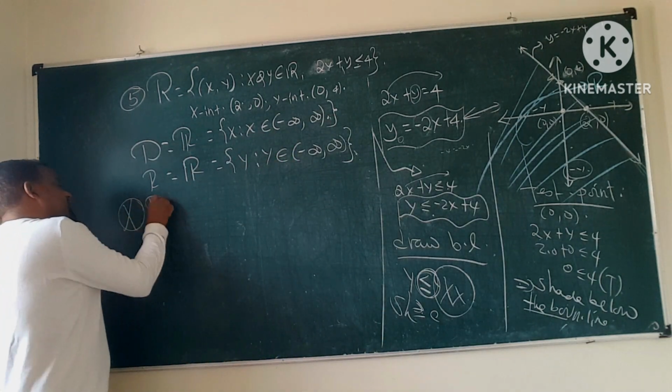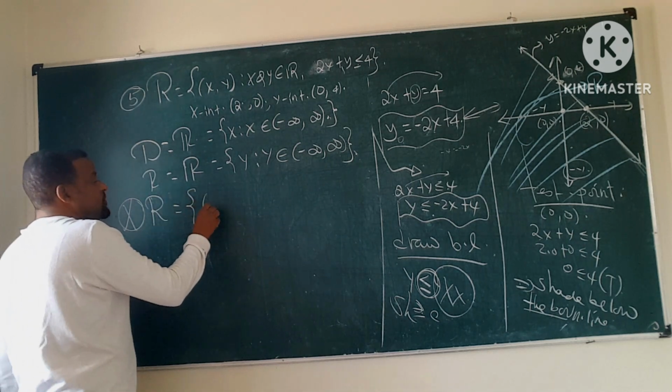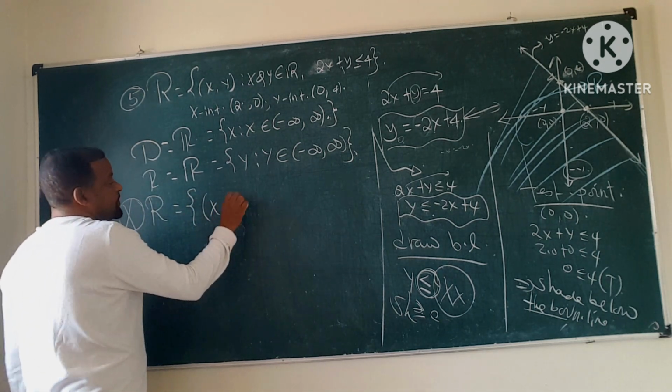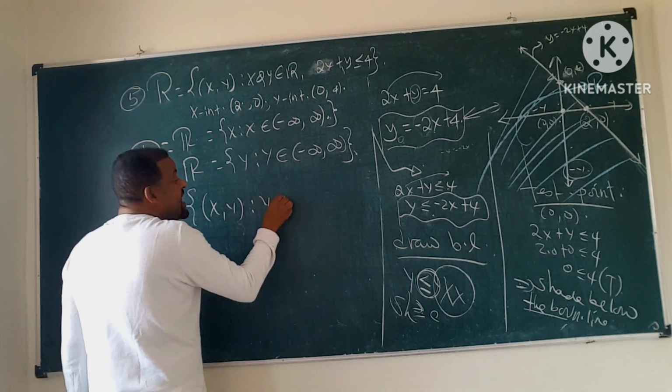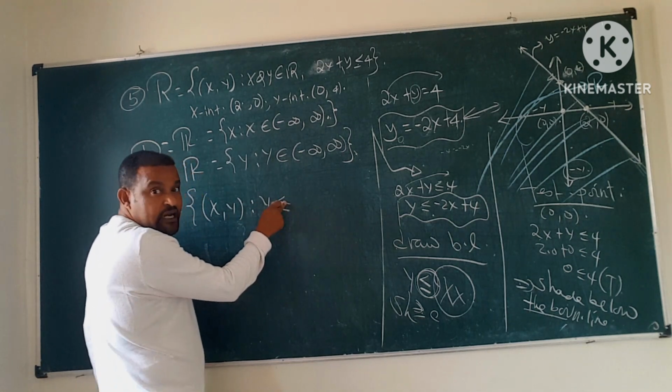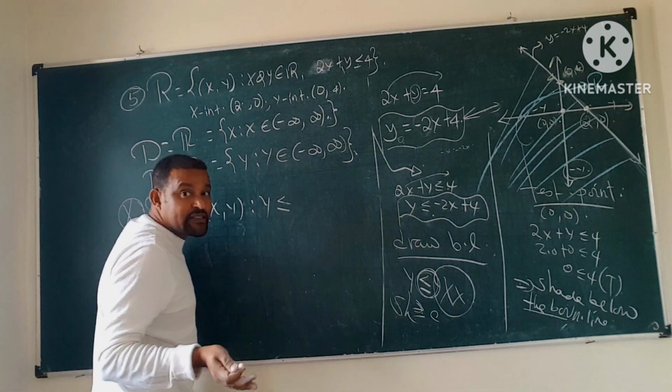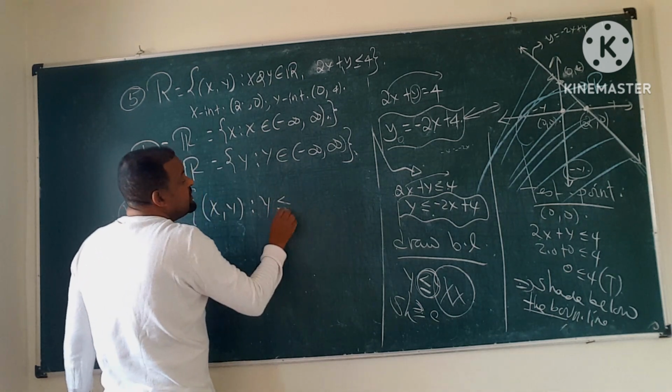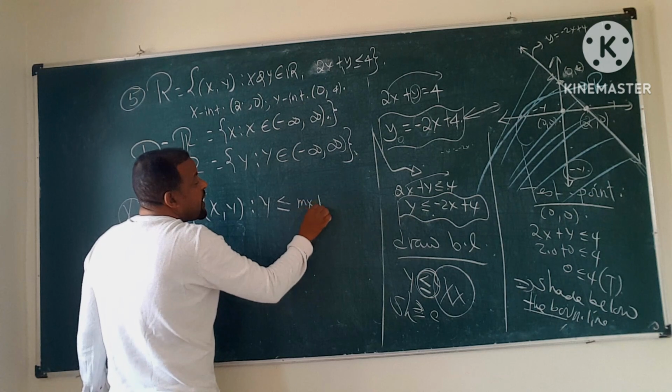The generalization for relations: R is equal to the set of all pairs of x, y such that y is less than or equal to mx plus b.